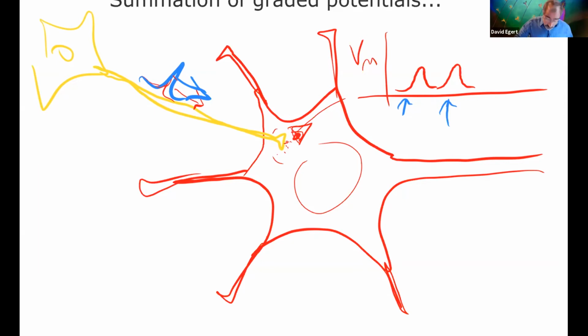What happens though, if we start sending action potential after action potential in quick succession down this neuron and keep releasing neurotransmitter, and we keep the ion gates open?